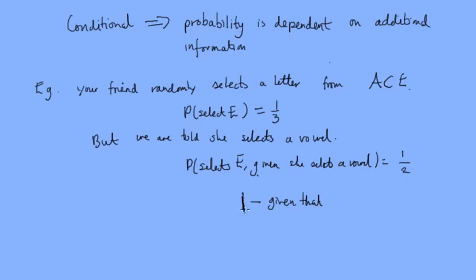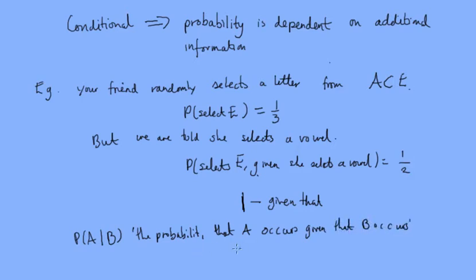So when you see a line associated with the probability of A given that B, we know this is going to mean the probability that A occurs given that B occurs. So that line tells us that this is conditional probability. Let's do some examples to see this.